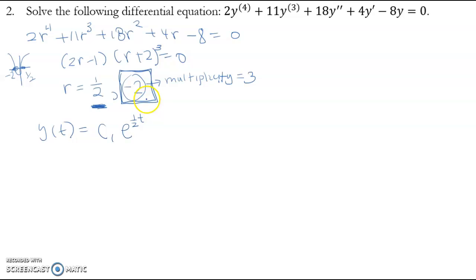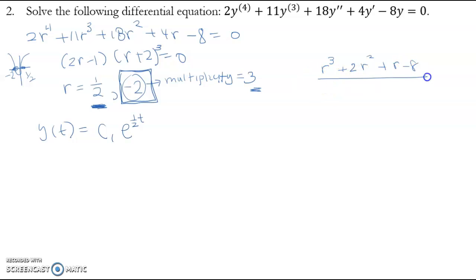This part has been repeated 3 times, and just linking back to the previous 2 homework sets that we did, if we had something like this, r cubed plus something, let's do 2r squared plus r minus 8.